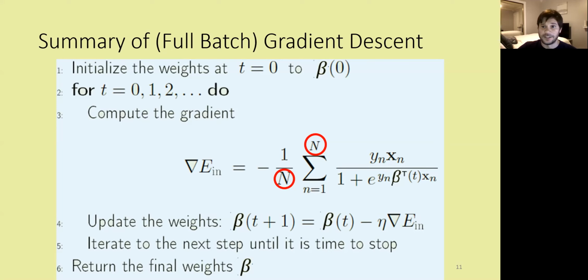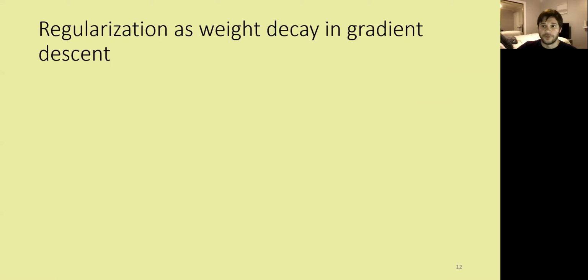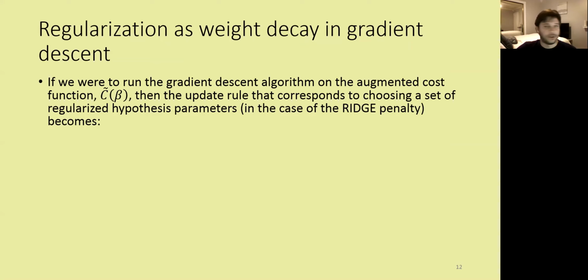Now before we talk about that, I wanted to just jump back and mention one other point regarding the gradient descent. If we were to apply regularization, let's say, to logistic regression, and suppose we took that cross entropy error and we added the penalty term for the ridge estimator, lambda over n times beta transpose beta, the sum of the squares of betas, then this changes the update rule a little bit.